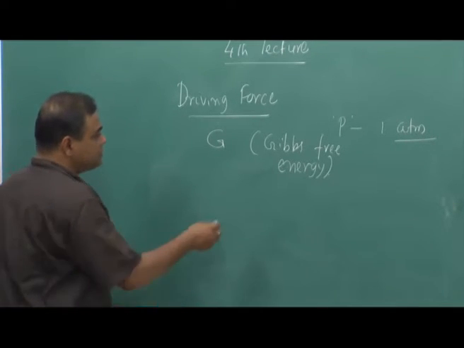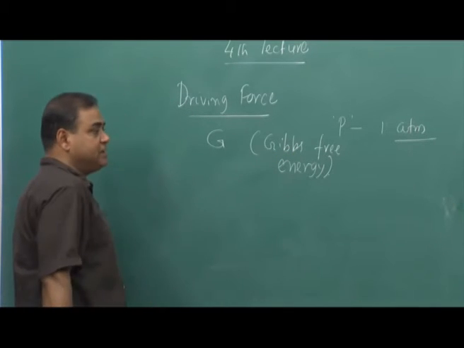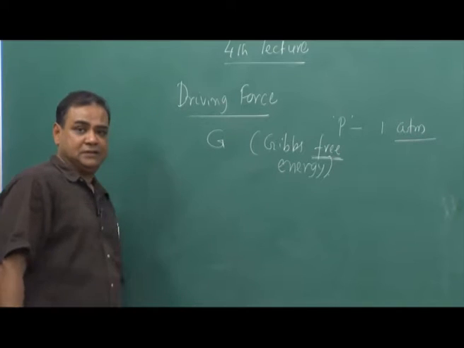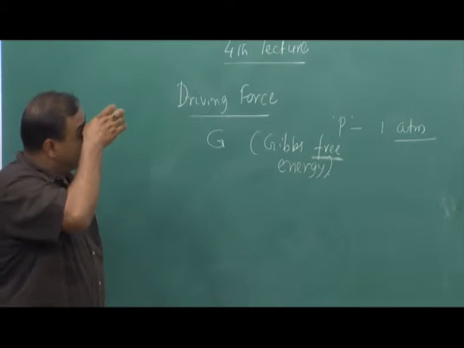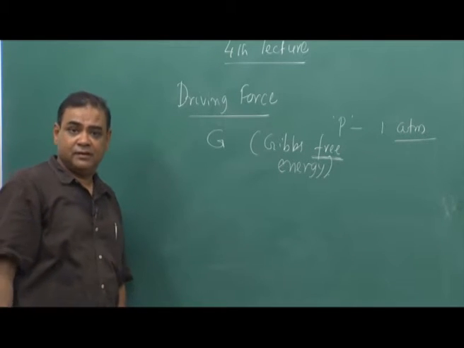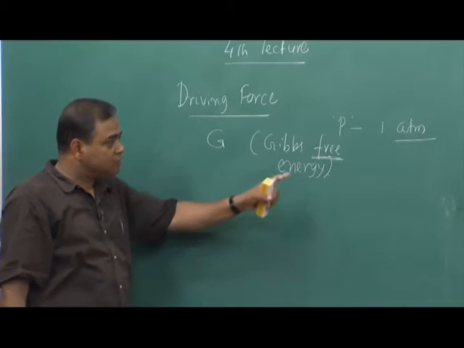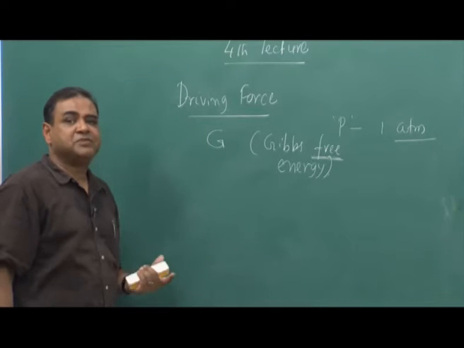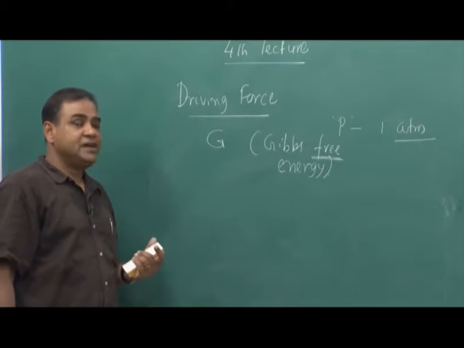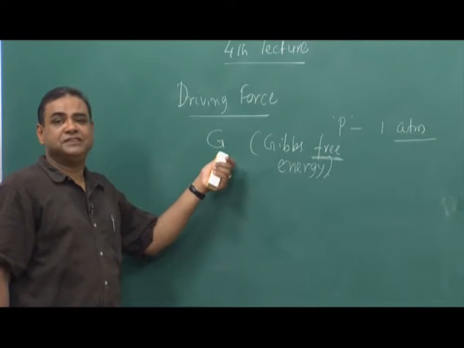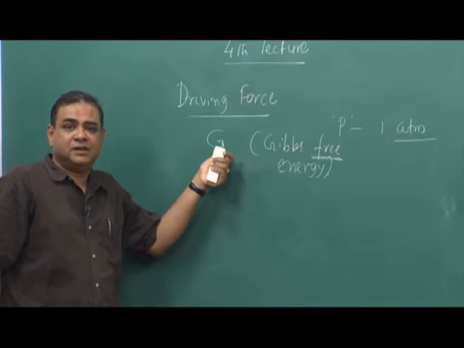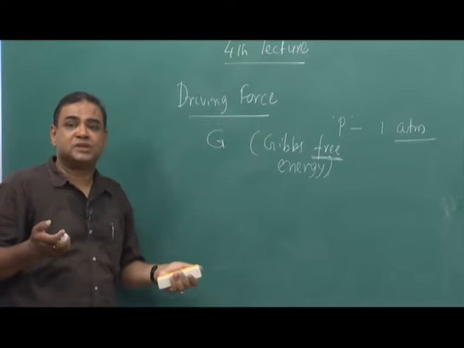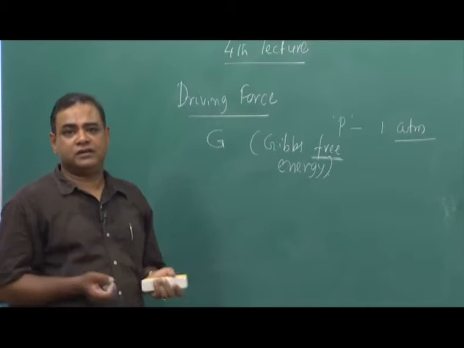Now, why is it called free energy? We could have called it Gibbs energy, and that would have been fine, but we also incorporate one word, free. This term comes because this particular energy would be available to do some useful work.